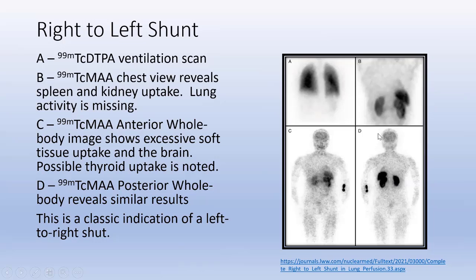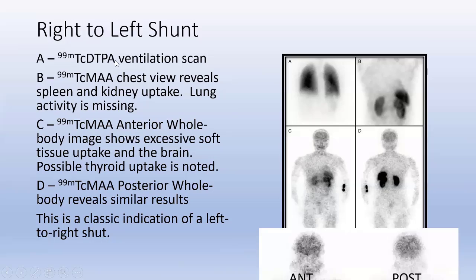You see a little bit of the brain, and that's hard to see, but I'd say maybe there's a little bit of thyroid there. So the key issue to me, from a radiopharmaceutical standpoint, is okay, well, maybe it was just a poor tag. If it's a poor tag and most of it's pertechnetate and not MAA, then I would see stomach, because stomach picks up a lot of pertechnetate. I see no stomach. We have right to left shunt.